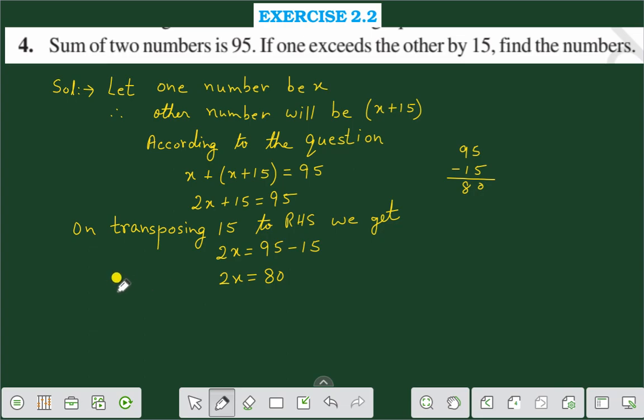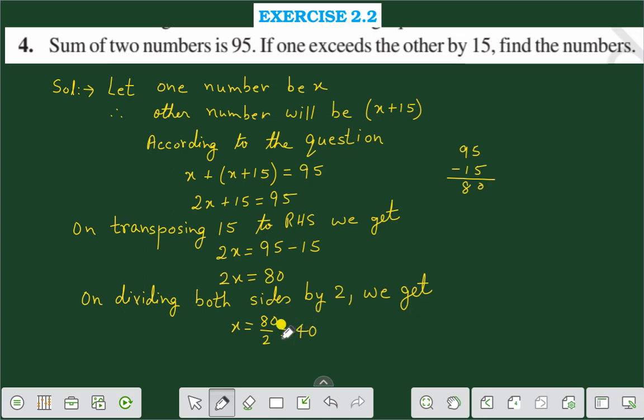If we divide both sides by 2, we get 2x by 2 is equal to x is equal to 80 divided by 2, and that comes to 40.